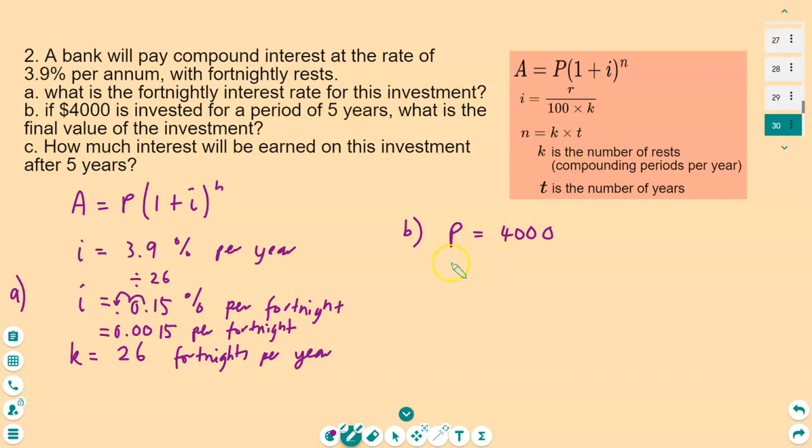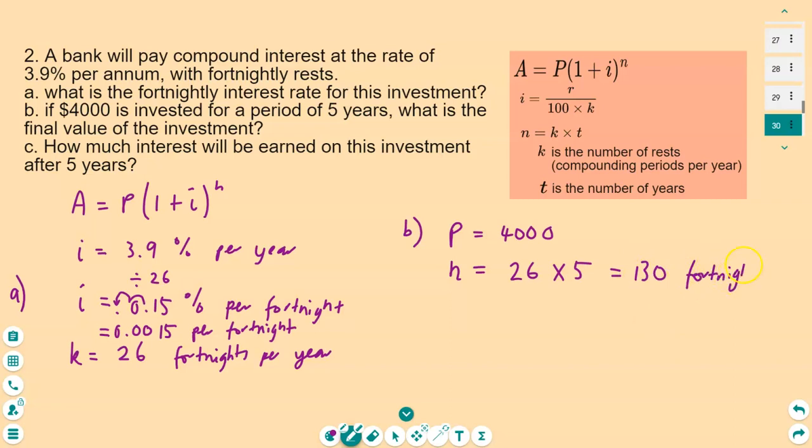In order to get N this time, we need the number of fortnights in 5 years, and that's where that magic K value comes in. The number of fortnights in 5 years will be 26 times your actual number of years. So 26 times 5.